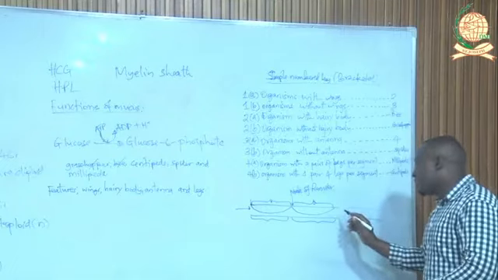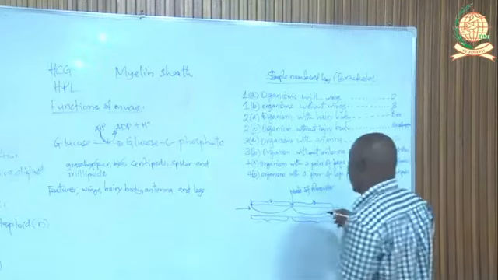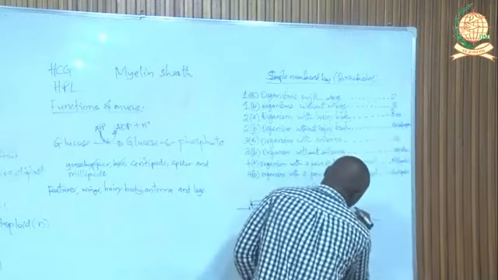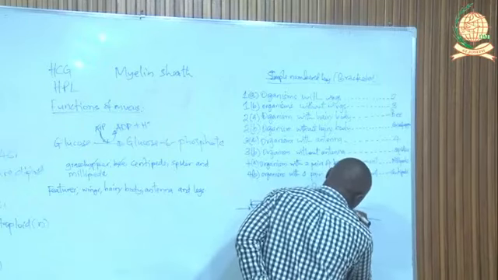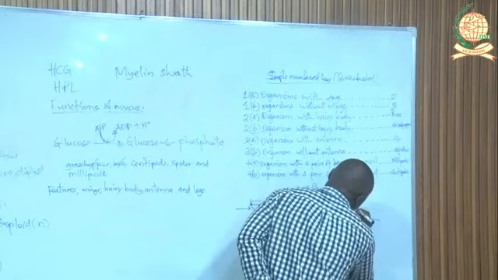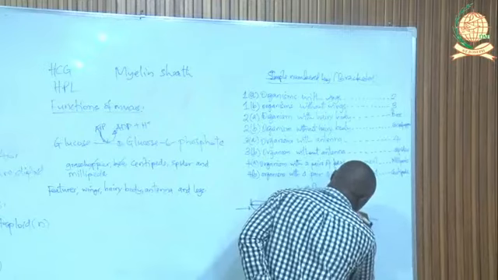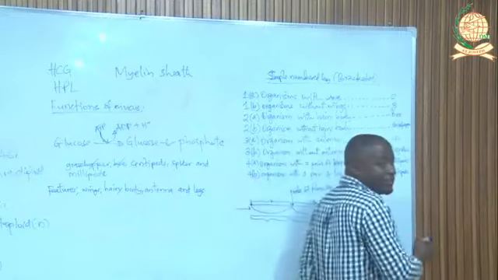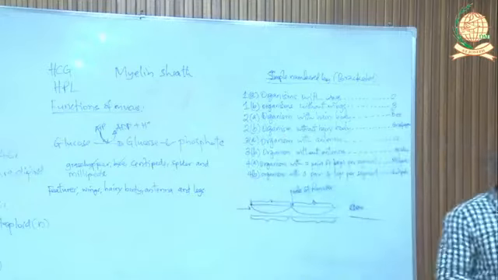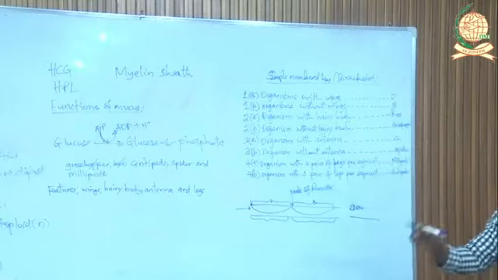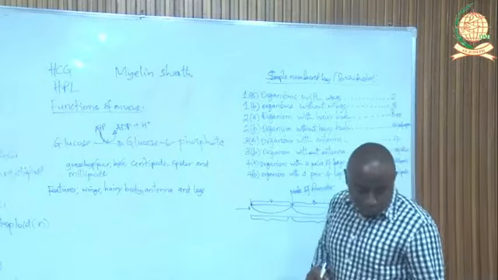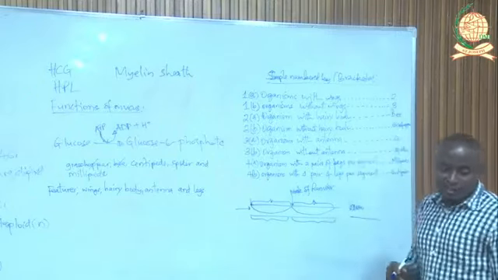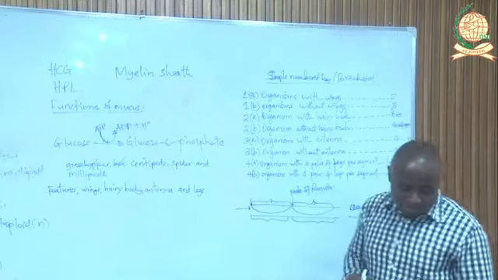Suppose this portion is positive, this is negative, and this is positive, this is negative; there will be very many short, localized electrical circuits, which slows down the conduction of nerve impulse, because every portion of the axon is permeable to sodium. So that's how the myelin sheath affects the transmission speed of the nerve impulse.